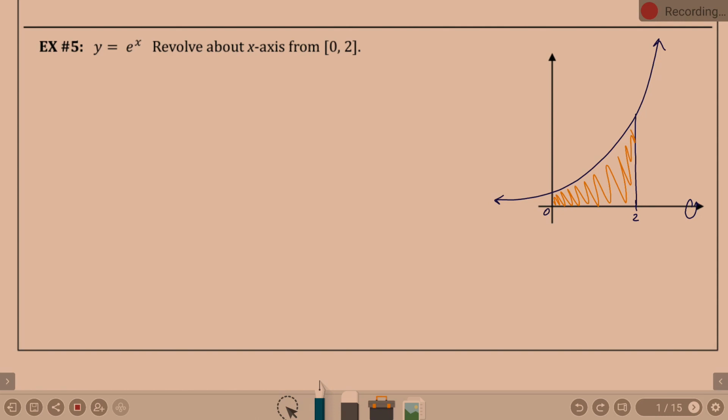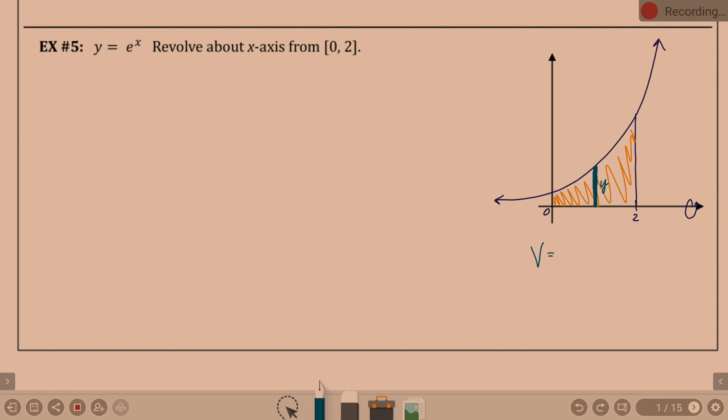Okay, and again, since we're rotating about the x-axis, there's a snippet of the piece that's rotating. It has a height of y right there, yes?